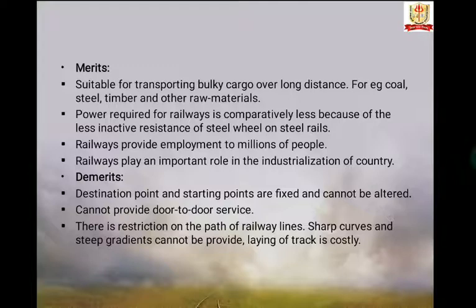Merits of railway: suitable for transportation of bulky cargo over long distances, for example coal, steel, timber and other raw materials. Power required for railways is comparatively less because of the less frictional resistance of steel wheel on steel rails. Railway provides employment to millions of people. Railway plays an important role in industrialization of the country.